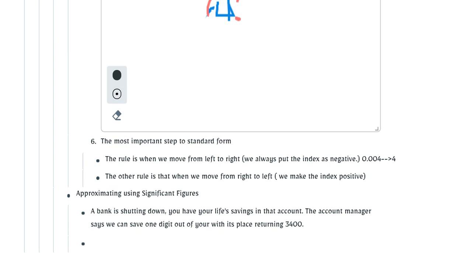So let's use an example. Express 105.8054 to 6 significant figures. So the bank now is telling you that, hey, we can save 6 figures.